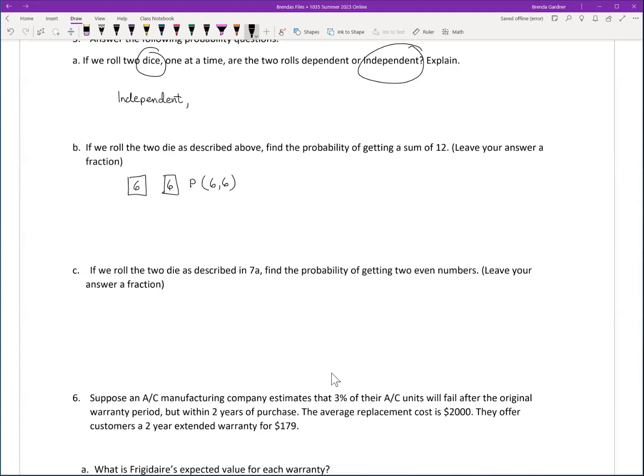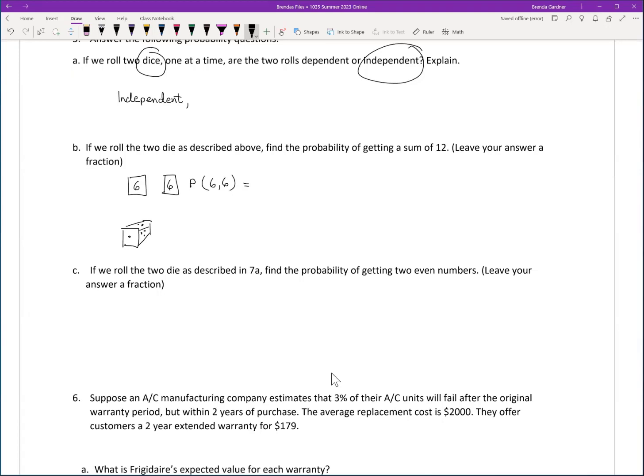But do we have any other ways of getting a 12? Could you get 4 on one and 8 on the other? Well, not if you understand a die, which only has 6 sides, right? And so the max you can have on a side would be 6. So you must get a 6 on one and a 6 on the other.